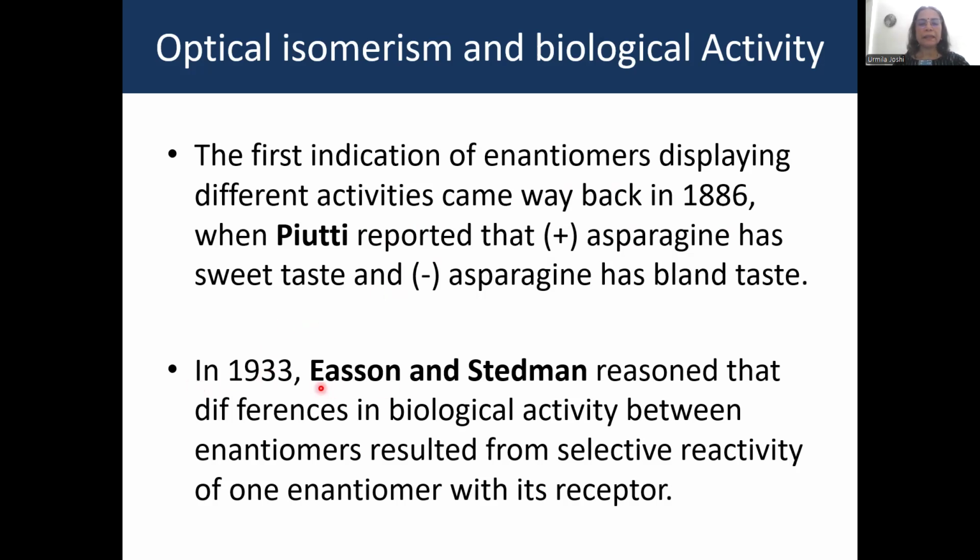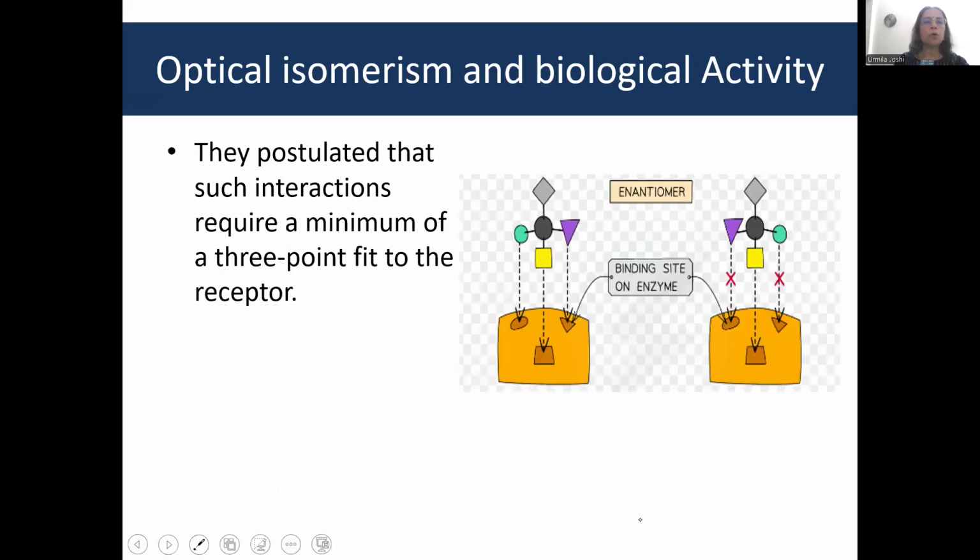In 1933, Easson and Stedman reasoned that different biological activities of the enantiomers are due to selective reactivity of one enantiomer with its receptor. Now just see how they postulated that such interactions require a minimum of 3-point fit. Look at this.